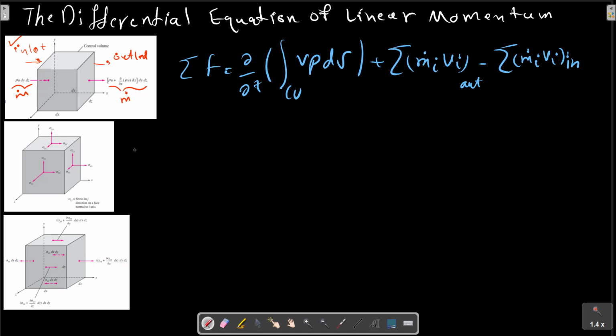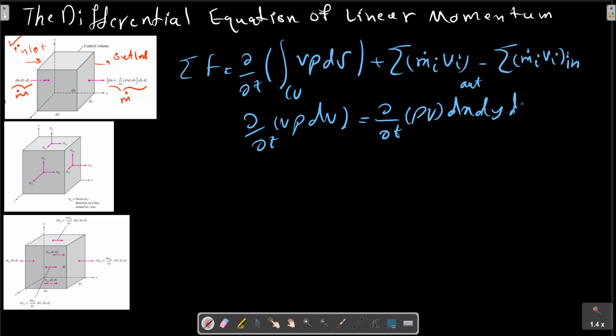So again, we have an approximation where the first part is d/dt of the integral of rho V dV, which equals rho V dx dy dz.